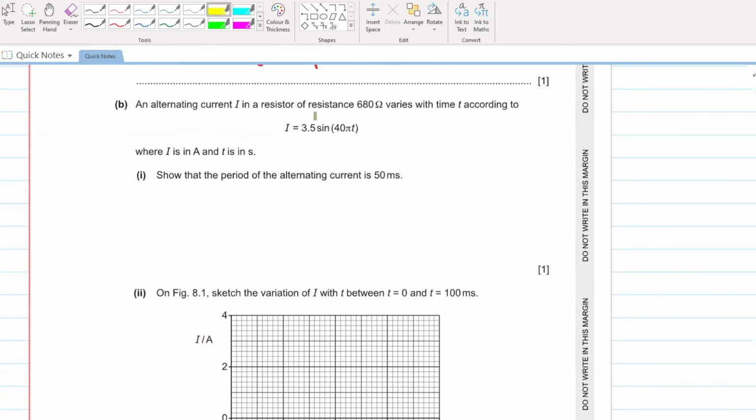An alternating current I in a resistor of resistance 680 ohms varies with time according to this equation, where I is the current in ampere and t is in seconds. Show that the period of the alternating current is 50 milliseconds. We have to calculate the time period.